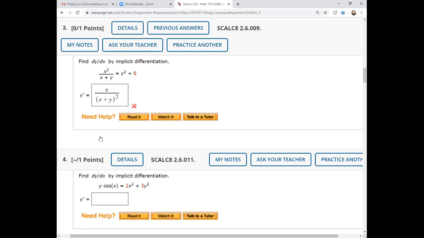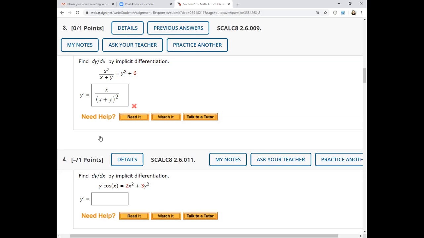So then, if I multiply this by x plus y, then I have 2x plus 2xy minus, actually equals, because that's going to go over there now, equals 2x plus 2xy.